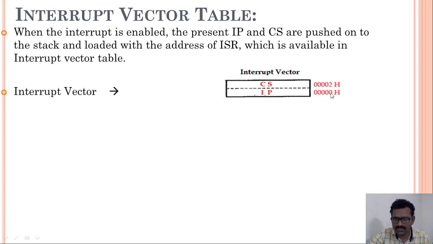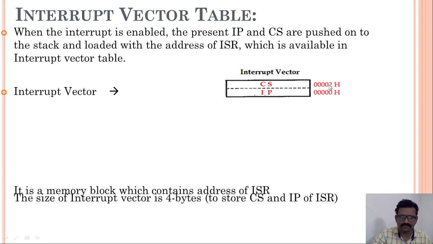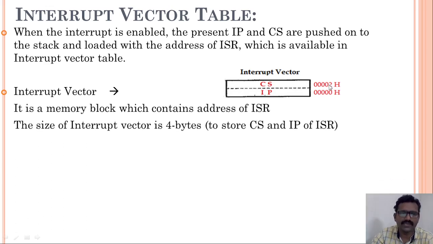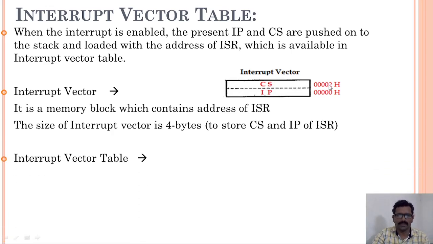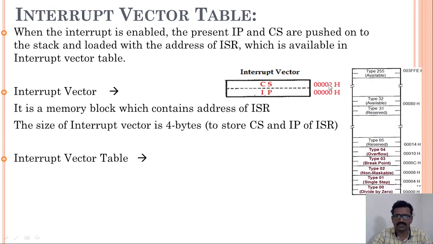That's why 0 and 1 are for IP, and 2 and 3 are for CS. So it is a memory block which contains the address of the ISR. The size of an interrupt vector is 4 bytes to store CS and IP. And this is only one interrupt vector. The interrupt vector table consists of this many vectors.